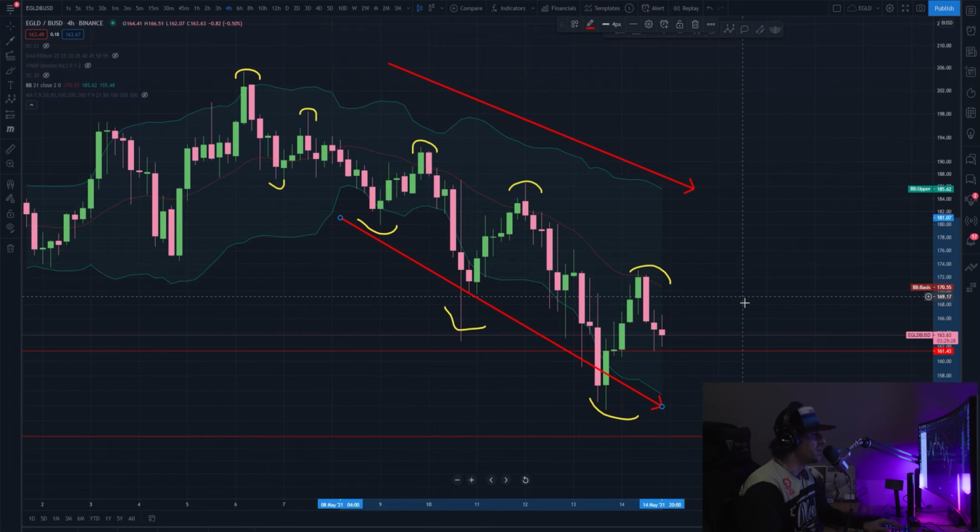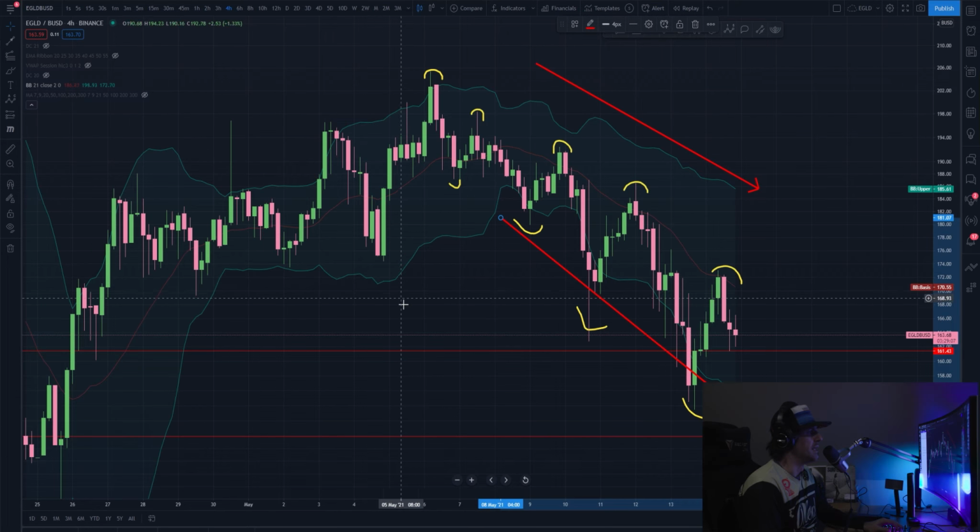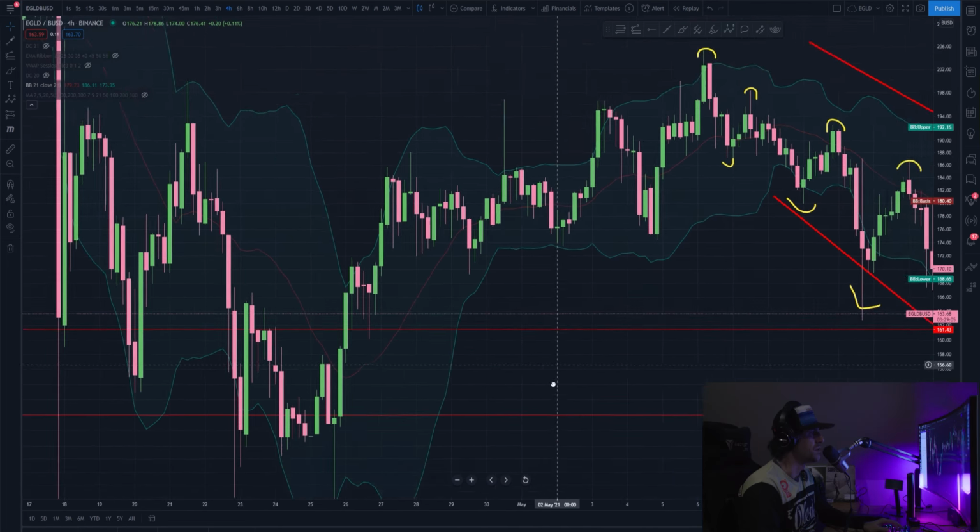And when the gravity of the Bollinger Band, the upper band, the mid band, and the lower band are falling like this, the midline, the moving average 21, always becomes very tough as a resistance and very hard to pass over to try to grab the upper band. I'm going to give you another example here.